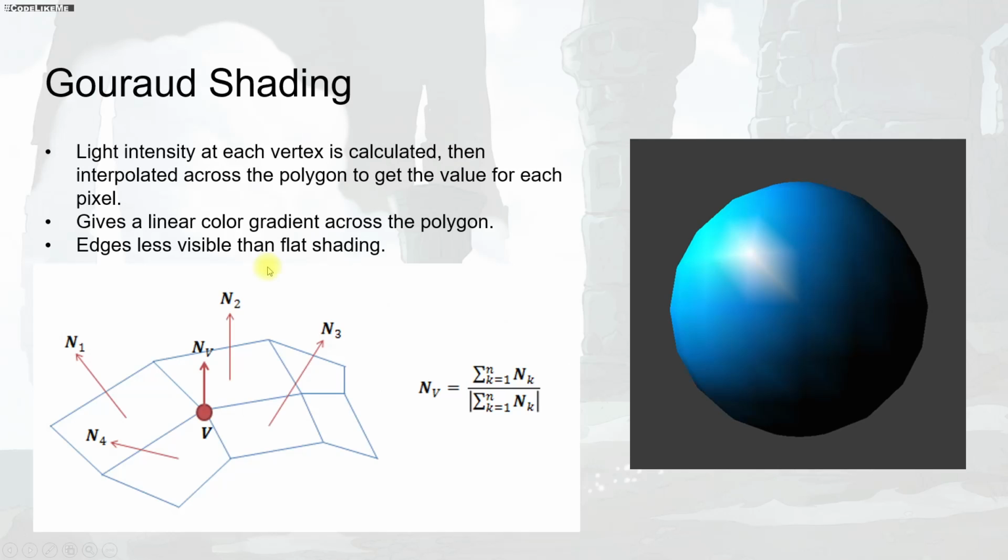And in Gouraud shading, light intensity at each vertex is calculated and then interpolated across the polygon to get a value for each pixel, giving a linear color gradient across the polygon. As a result, edges are less visible than flat shading.